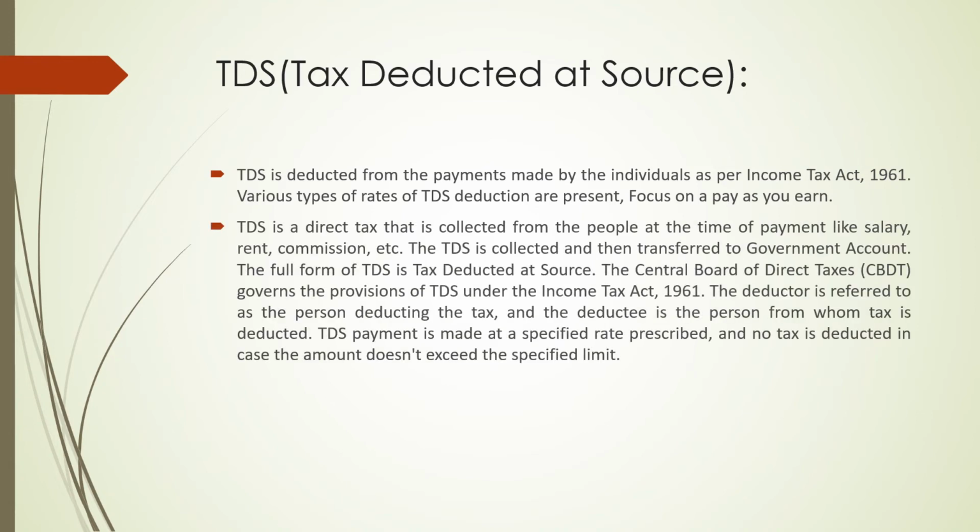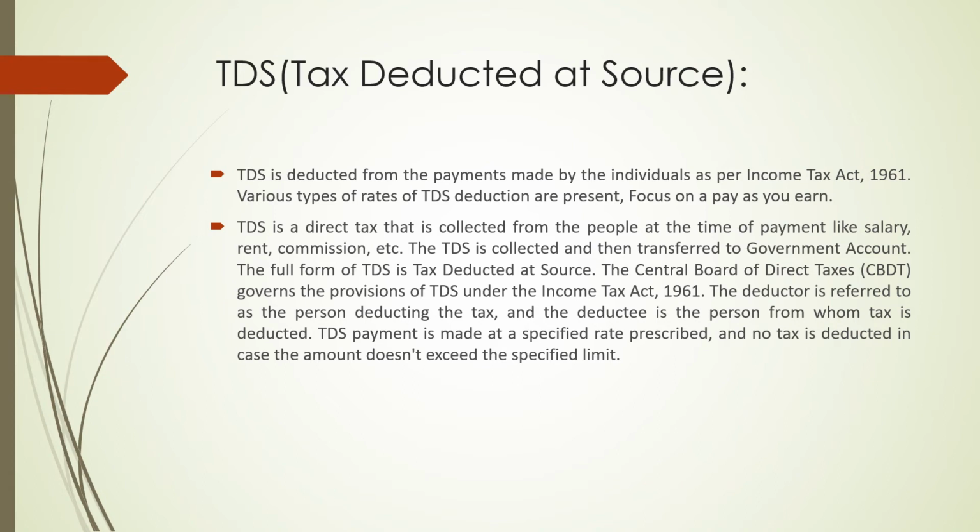TDS is a direct tax that is collected from the people at the time of payment of salary, rent, commission, etc. During these payments, TDS is to be done. The TDS is collected and then transferred to the government account. The full form of TDS is tax deducted at source.